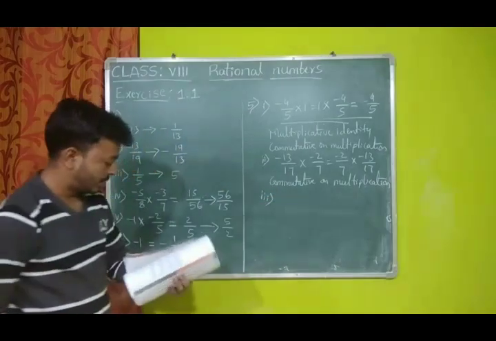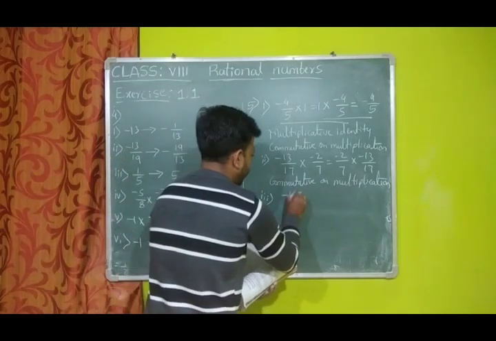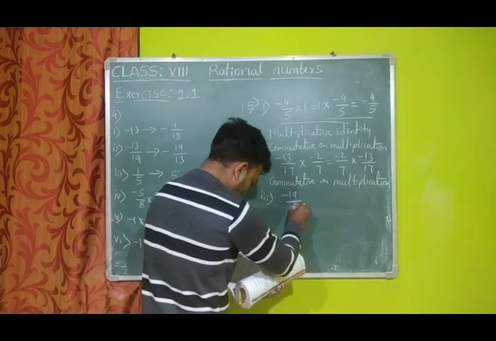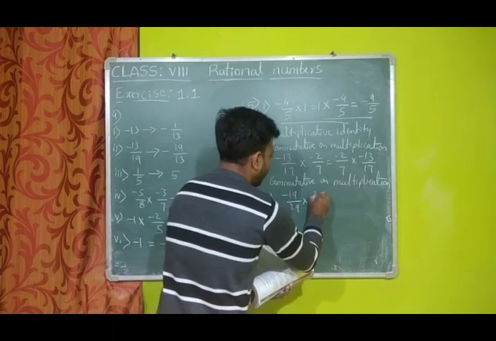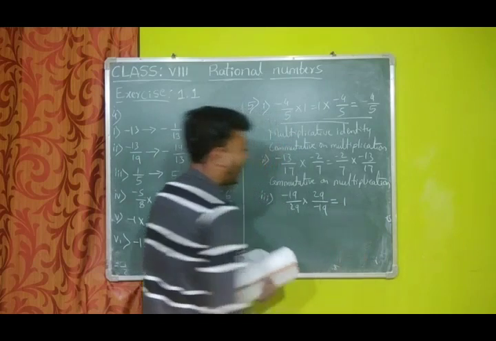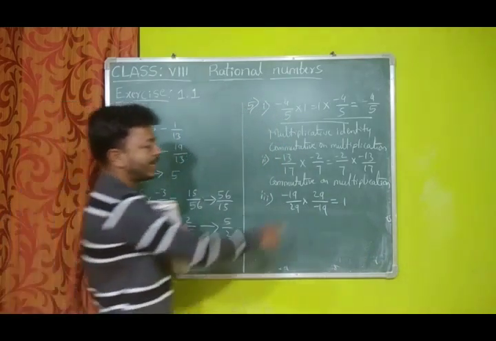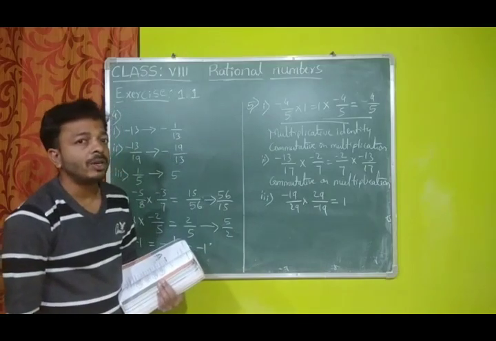And next, third one: minus 19 divided by 29 multiplied by 29 divided by minus 19 equal to 1. Which property? What did they do? They took the reciprocal and multiplied, and we got 1.